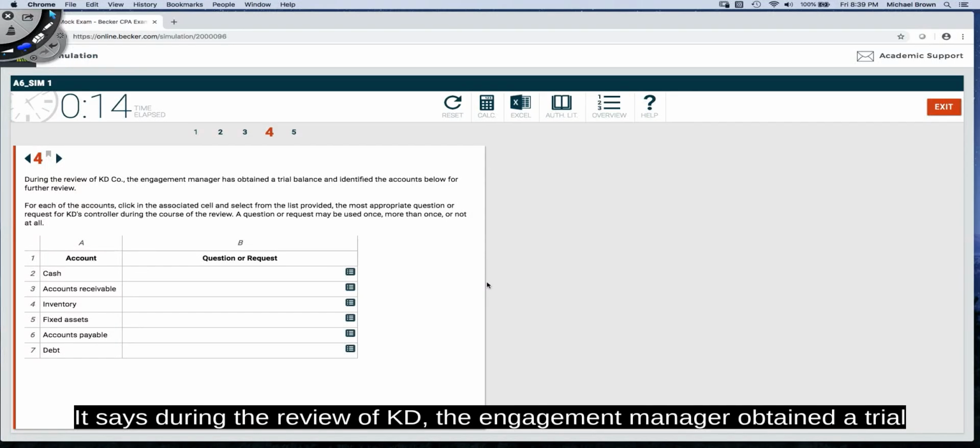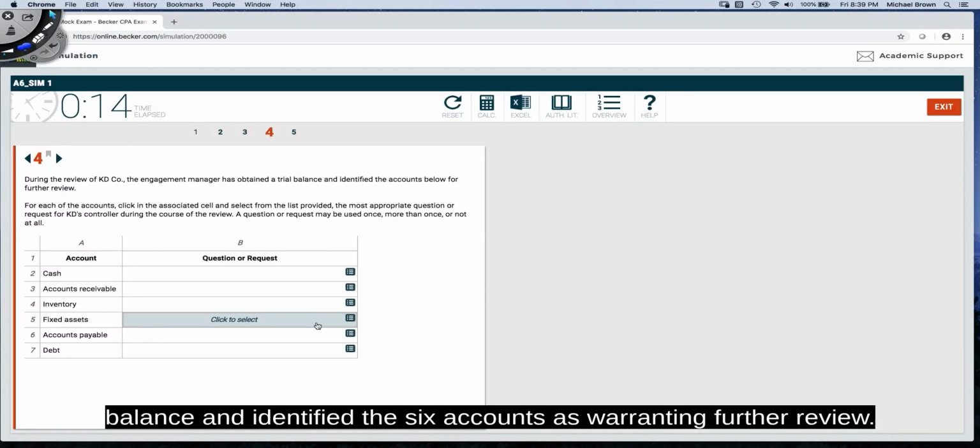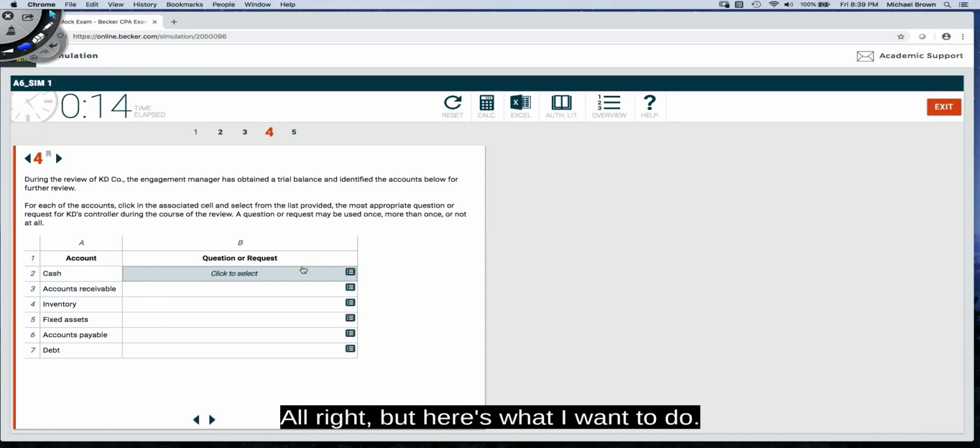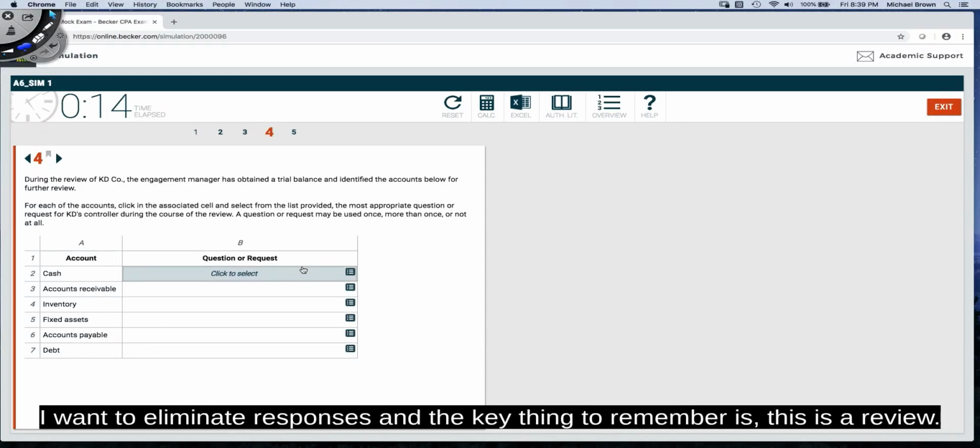It says, during the review of KD, the engagement manager obtained a trial balance and identified these 6 accounts as warranting further review. And it's a review engagement. For each of the accounts, click on the cell and pick the most appropriate response. All right. But here's what I want to do. I want to eliminate responses. And the key thing to remember is this is a review.